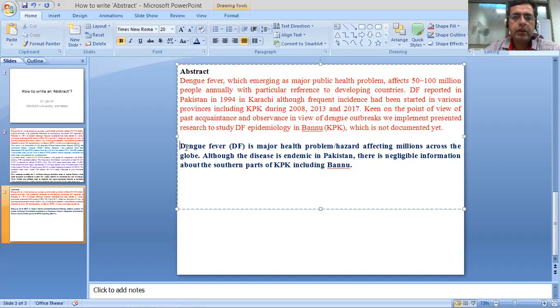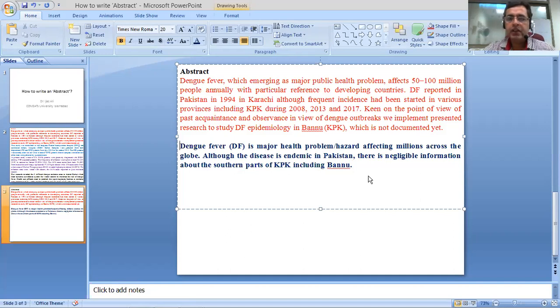People of your background would immediately come to know about the importance of your study, that dengue fever is a major health problem affecting millions across the globe. And then you are stating that the disease is endemic in Pakistan. It means the disease is causing outbreaks in different parts of Pakistan.